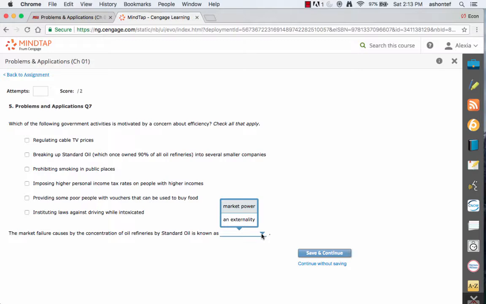But when one company has a huge amount of control in an industry, that's a company that has a lot of market power, meaning they have the ability to generally price at a higher rate and produce less. So for this part of the question, make sure you pick market power. I'm just telling you that.